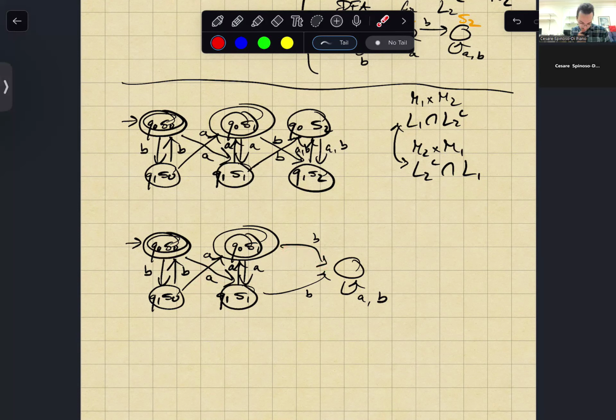And so I think that this does actually work, and it would have probably been the DFA that we would have thought of, because if you're reading any number of Bs, the only thing you care about is the parity, and the parity is captured by the row here, right?